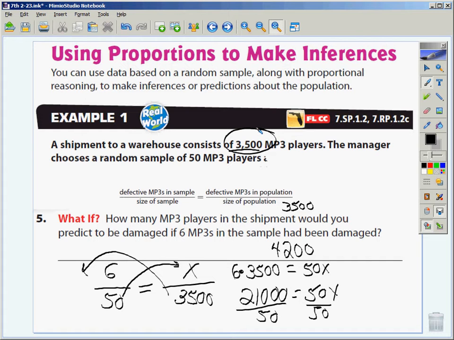No. I even question whether that's right or not. That seems high. But it is, that's right, 420 defective.